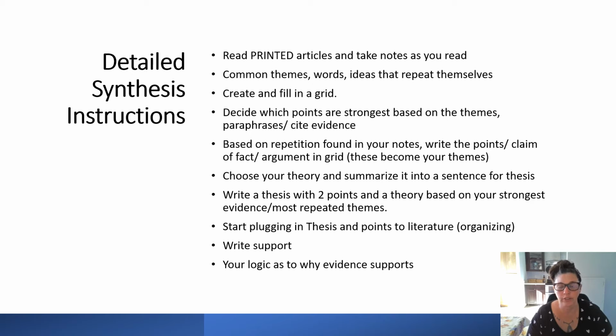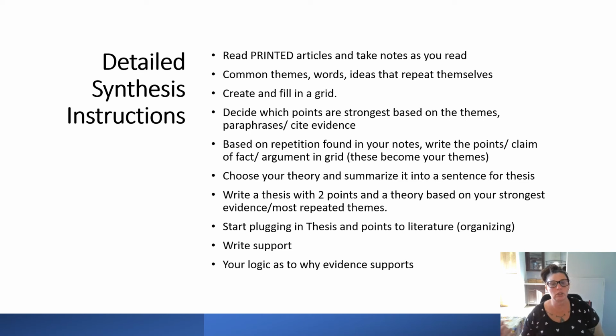You're going to choose a theory. I would suggest something that you learned in Social 101 and summarize it into a sentence for the thesis. So when you have your two main points in your thesis, social conflict asserts, or structural functionalism asserts A, B, and C, whatever defines structural functionalism.